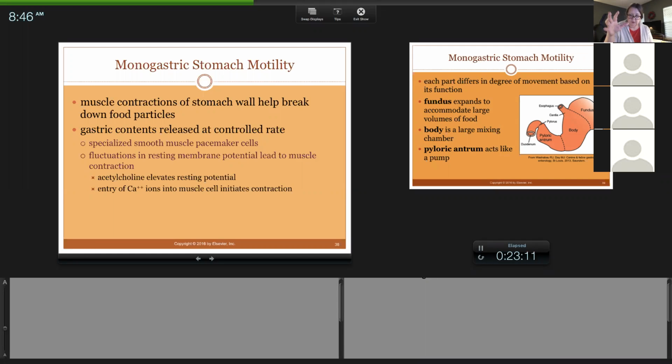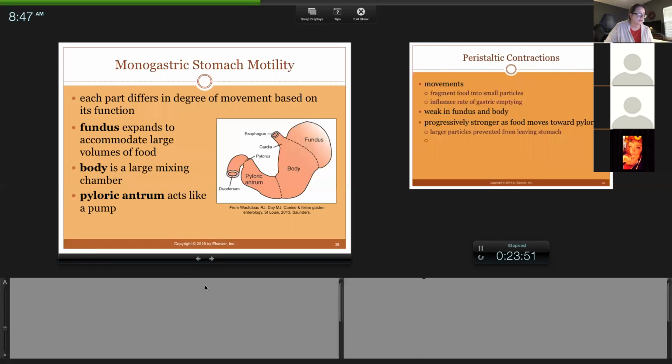Basically, they control the membrane potential, the action potential of those muscles, so that they stimulate a contraction and then can slow it down and speed it up and slow it down, so that things leaving are on a continuous motion but not overwhelming the small intestine. Acetylcholine is the neurotransmitter for the smooth muscle of the intestines. And when it elevates resting potential, calcium can initiate that contraction, and then the stomach contents will move.